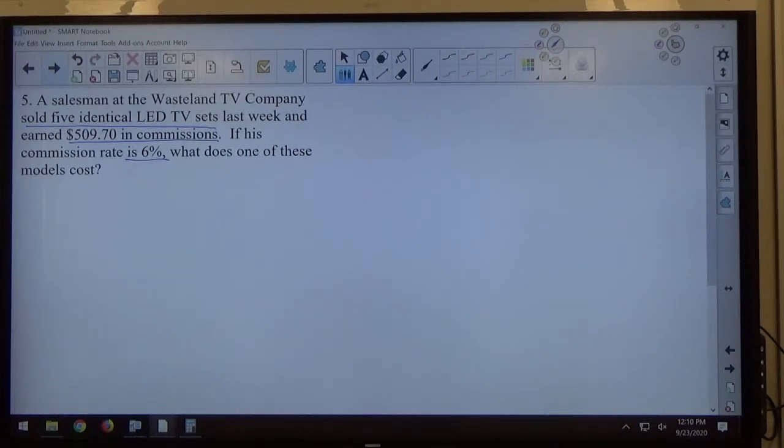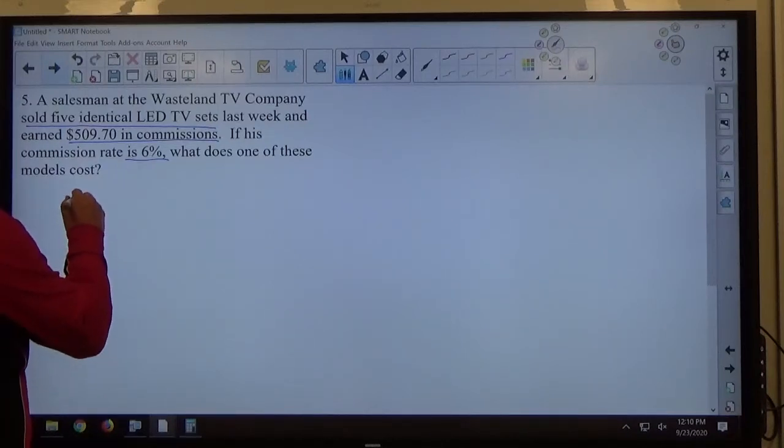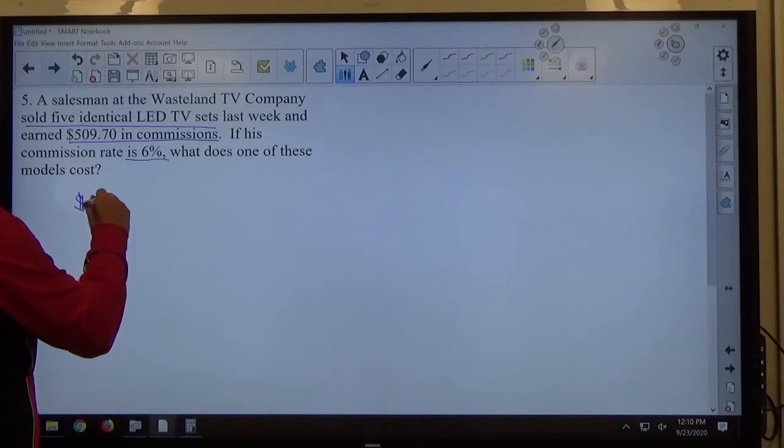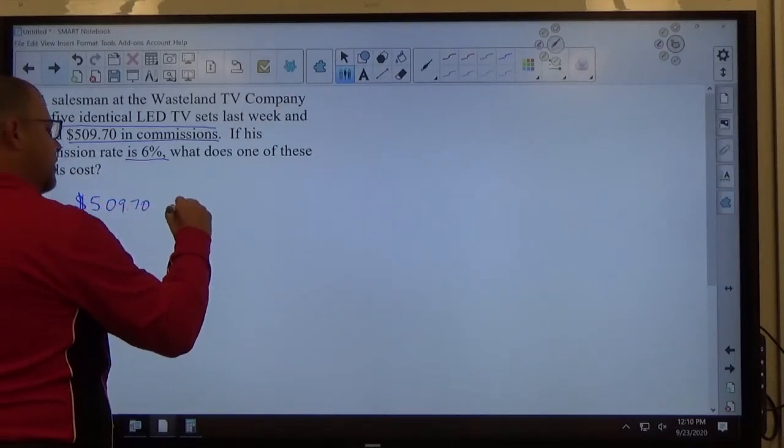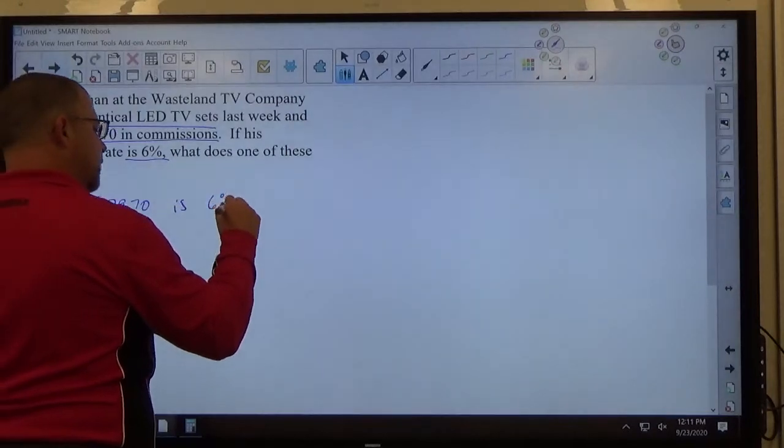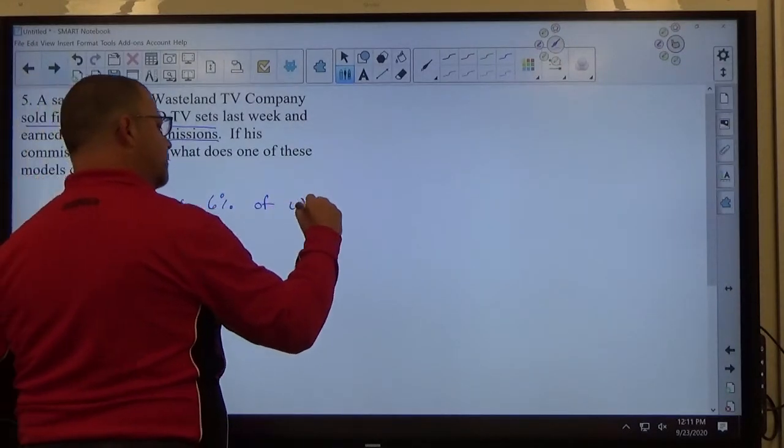Does he earn the whole amount or just part of it? Part. He just earns part of it, right? So what he gets in commission is part of the whole, and his part is 6% of the whole. So what I know is that his commission that he got, $509.70, is 6% of what he sold.